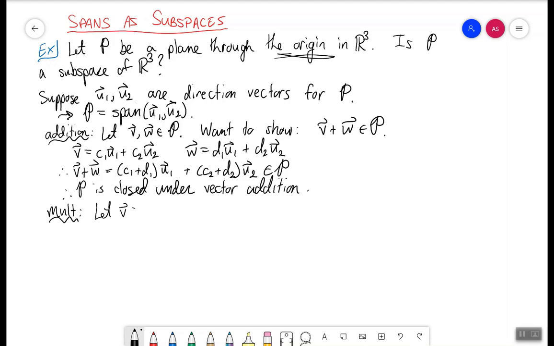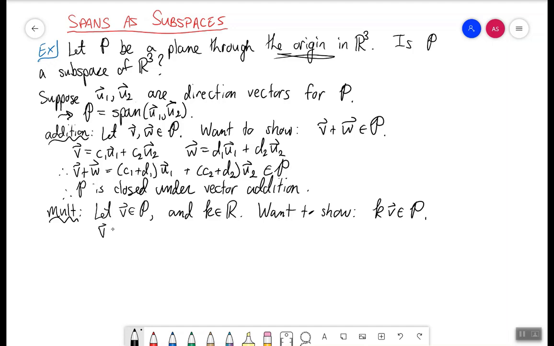How about scalar multiplication? Let V be in P, and let K be in R. We want to show that K times V is in P. We can do the same starting point as we did in the addition part, using the fact that V is in the span of U1 and U2.